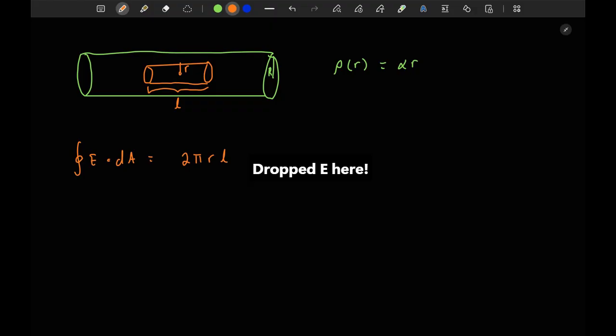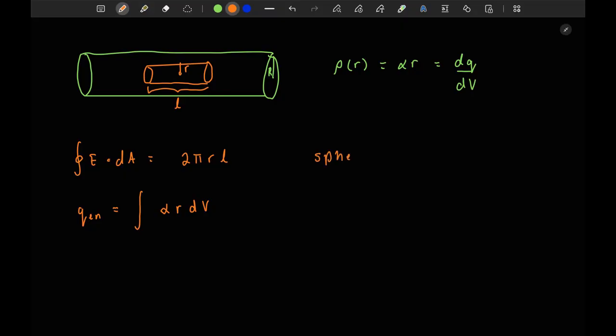We simply need to figure out what Q enclosed is. Much in the same manner as we did with the sphere, we're going to rewrite this. Remember that rho is dq by dv. This is still true. We are still dealing with a volume. And so Q enclosed will be equal to the integral of rho dv, or alpha r dv. Here's where we differ from the sphere. Remember, for the sphere, we said that dv is equal to 4 pi r squared dr. We did this by breaking up the sphere into thin spherical shells.